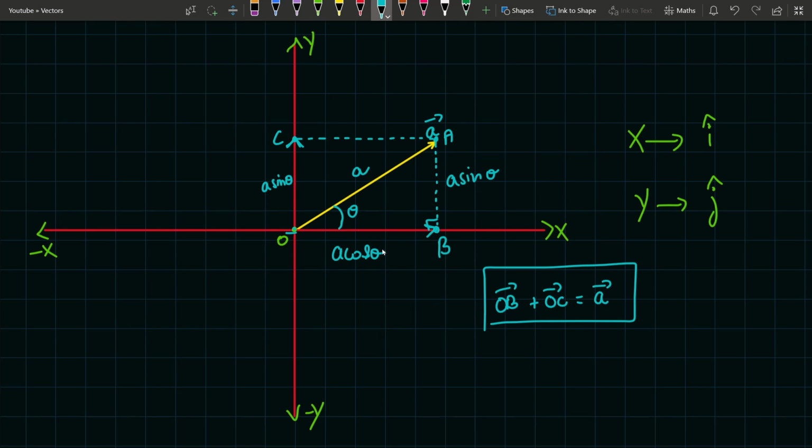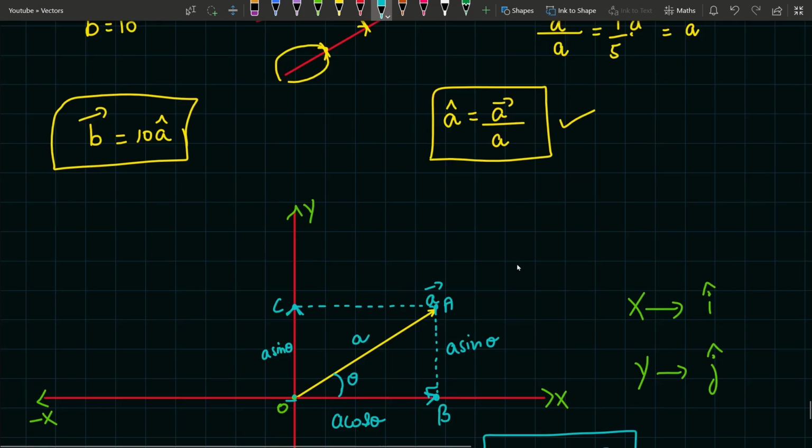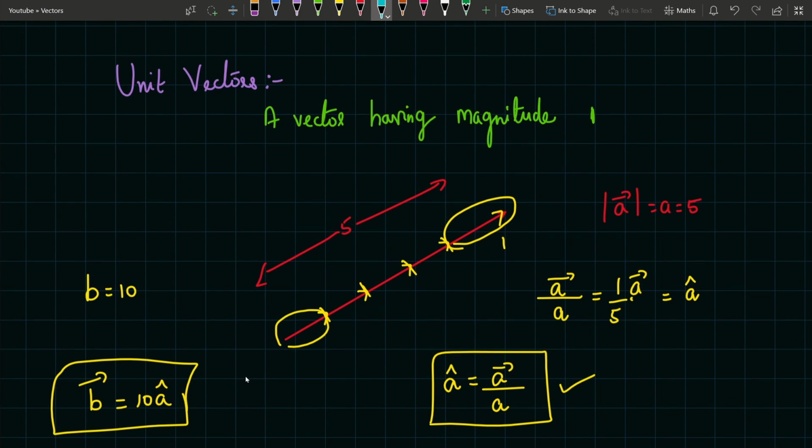What is the magnitude of OB? The magnitude of OB is A cos theta. We have already written that. The length of OB is A cos theta, and the magnitude of OC is A sin theta. So I know the magnitude of the vectors, I know their directions: OB is in the x-axis and OC is in the y-axis. Can I write that in terms of the unit vectors i cap and j cap? Yes. How? From the unit vector formulation, we know that if I know the unit vector of a direction, I can make any vector in that direction with any magnitude I want.